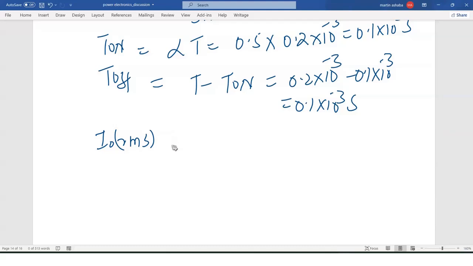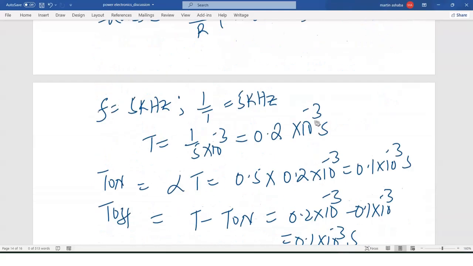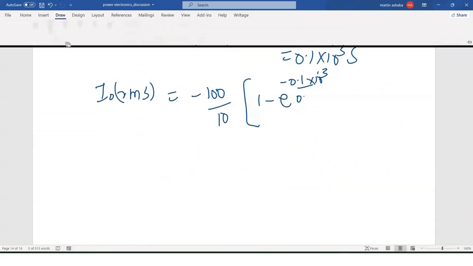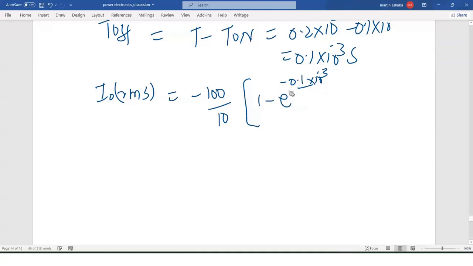So this is going to be negative 100 divided by 10 into 1 minus e exponential of negative 0.1 times 10 power negative 3 divided by tau. We need to get tau, the time constant, and we also need to add I min, then negative t divided by tau.